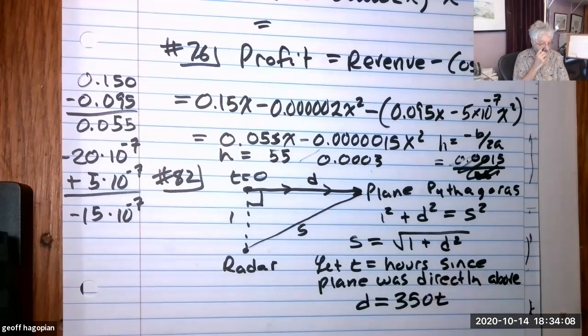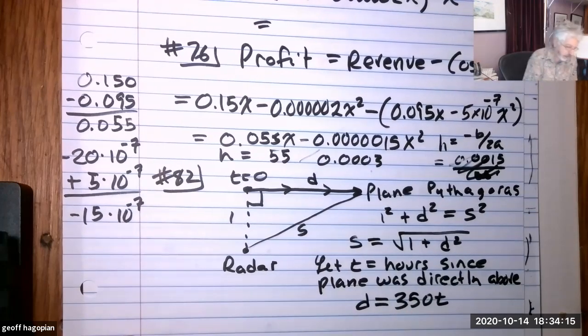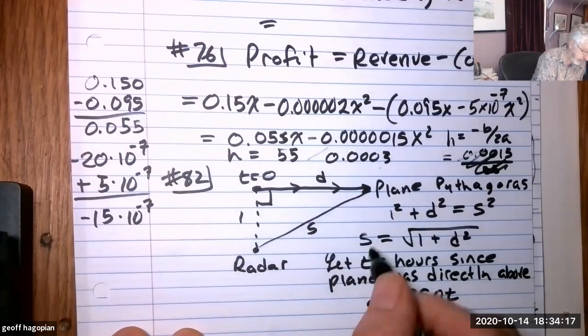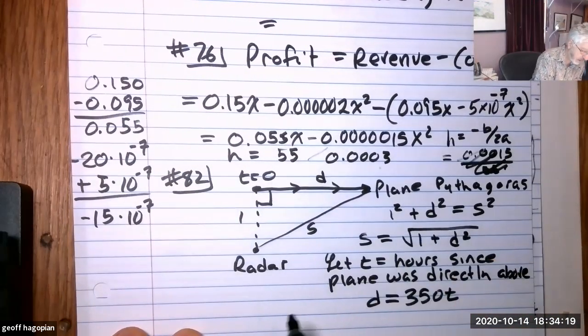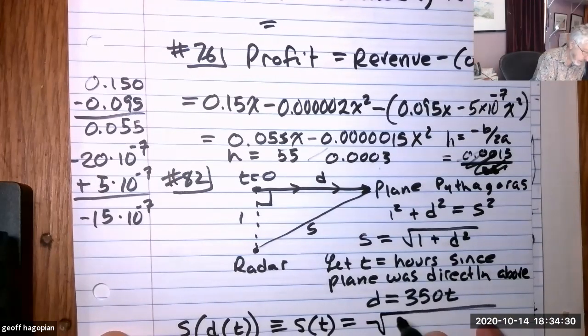If we substitute, we can get s as a function of t by substituting for d, and that's a composite function. So I've got s of d of t, which we could also denote as s of t is the positive square root of 1 plus 350t, all squared.